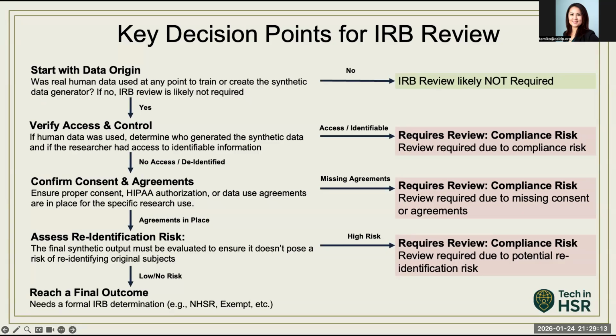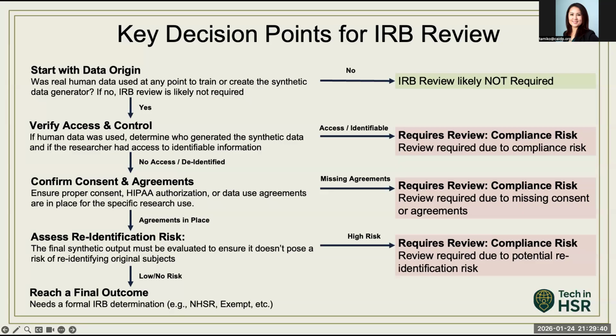And finally, has the synthetic output been evaluated for re-identification or memorization risk? If no, then ask about it. The IRB should be looking into that. Again, HIPAA is a big one that gets triggered right there. And if yes, then good. Want to document that the risks were adequately mitigated.